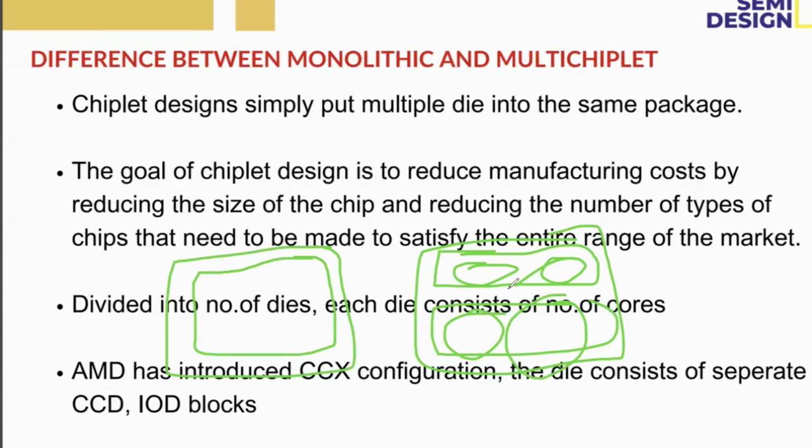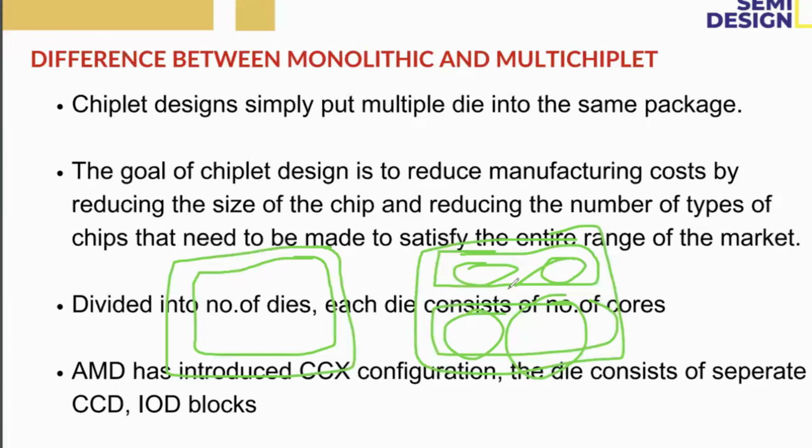So what is the full form of CCX? I don't know, that's why I'm asking. Core complex. We can call it a CPU complex or core complex. It has a number of cores and a number of cache memories. So what is meant by core?